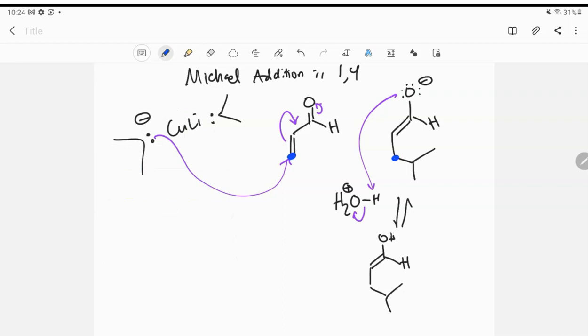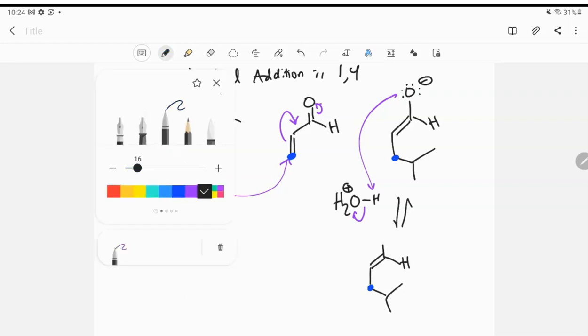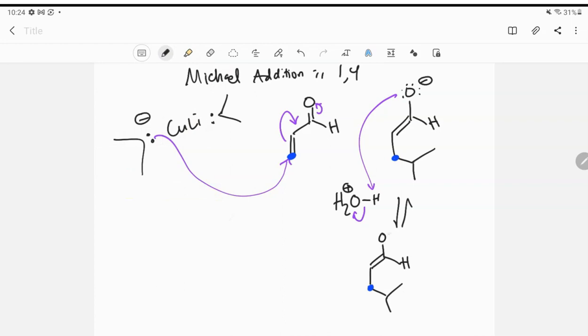So that hydrogen is going to be our other part there. So we have the oxygen. Let's not use blue on that. Our first atom here, this is the 1. That atom there is the 4. That's why this is a 1,4 addition.